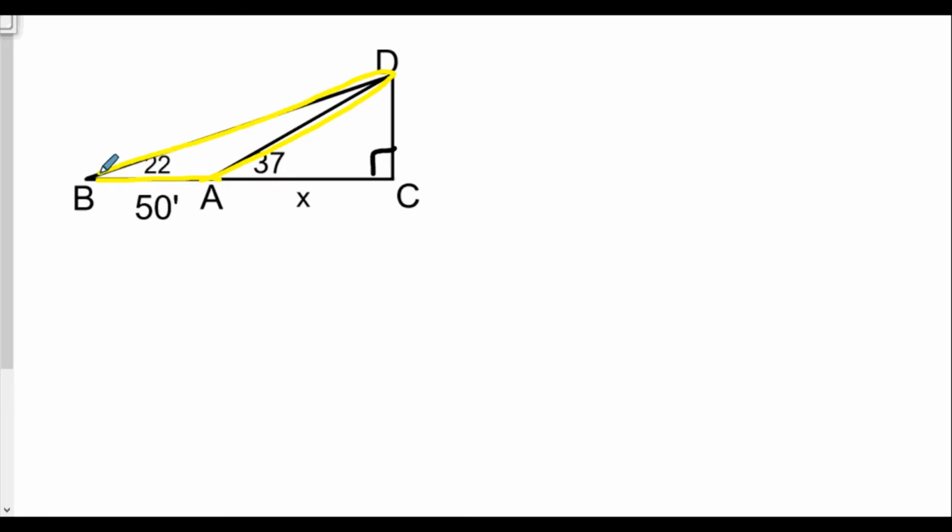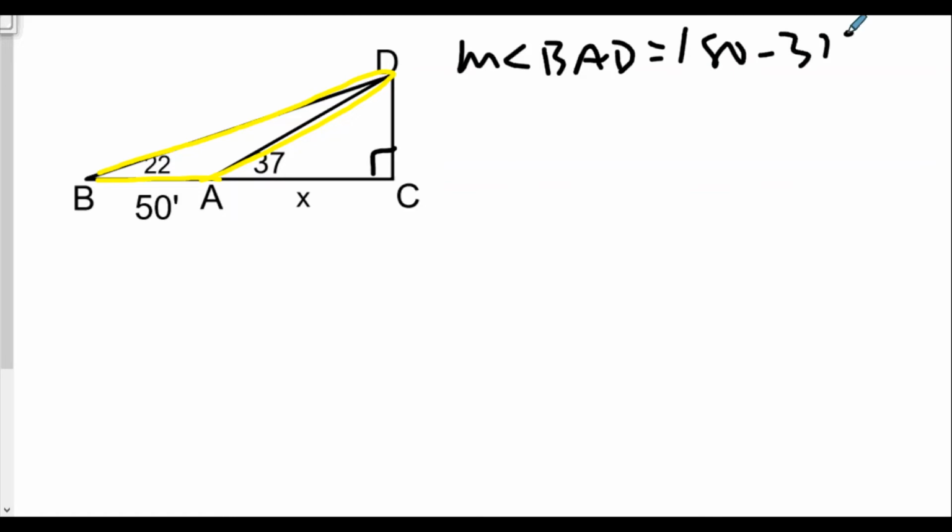And you say, well, why is that? Well, we actually know information about this triangle. We know AB. We know angle B. And we also know that the angle BAD is equal to 180 minus 37 degrees, which is 143 degrees.